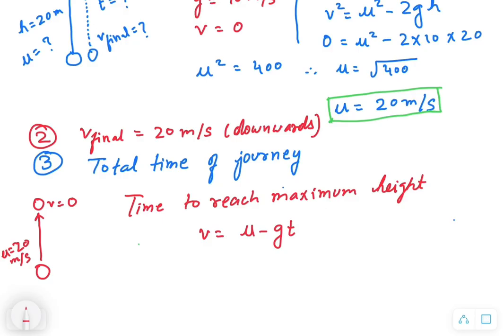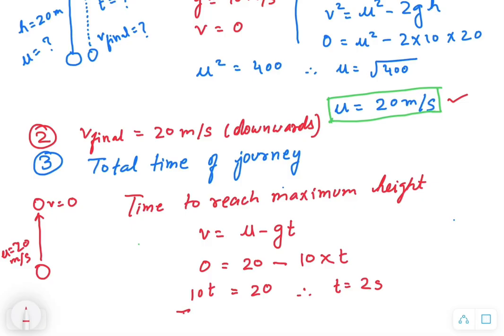So let us substitute the values. V is 0, u is 20 meters per second minus g, which is 10 meters per second square, multiplied by the time. So 10t would be equal to 20. Therefore, t will be equal to 2 seconds. The total time of journey is twice this time, up and down.